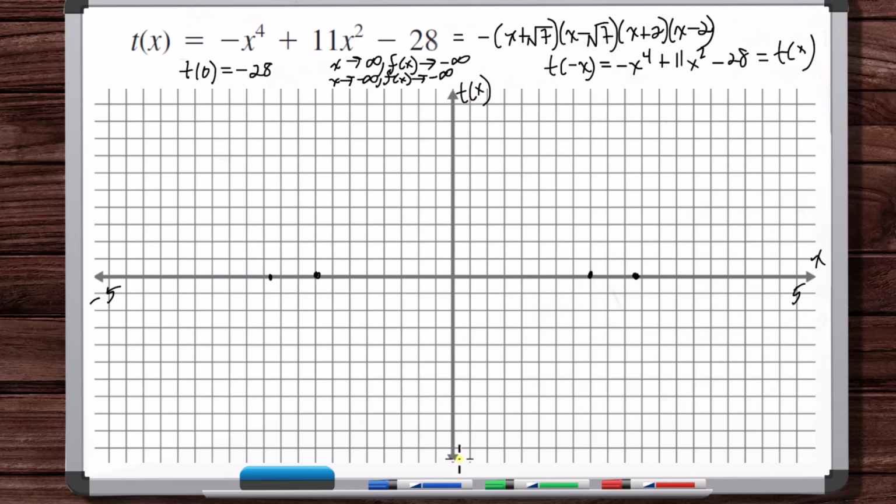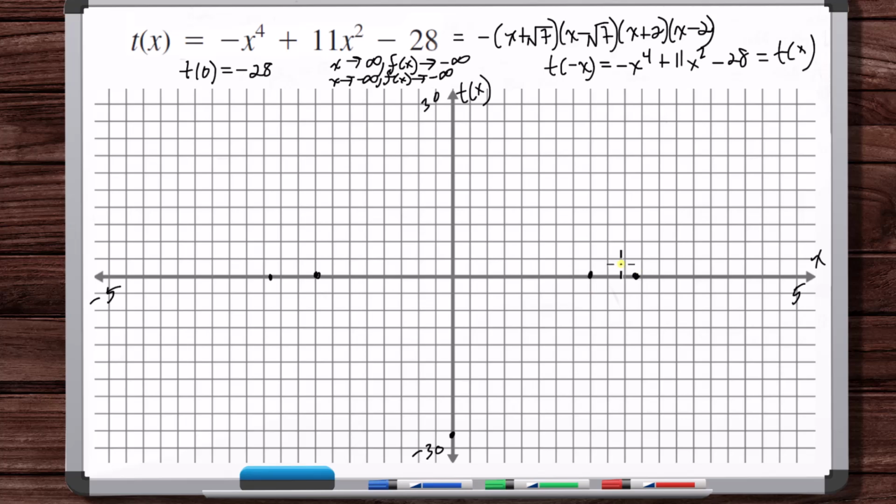Okay, so we can plot the y-intercept. 3, 6, 9, 12, 15, 18, 21, 24, 27. So there's 28.